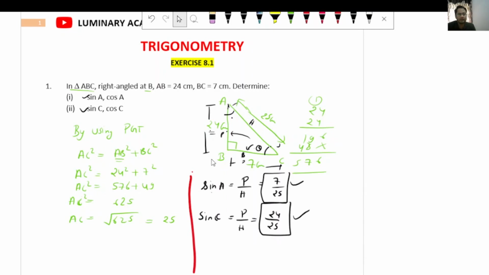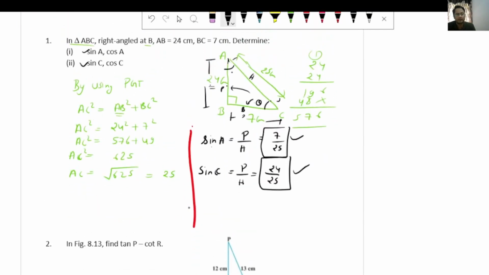Now if you want to find cos A, so cos A will be: some people have curly black hair. I will tell you this trick: some people have curly black hair through proper brushing. This trick I am using.